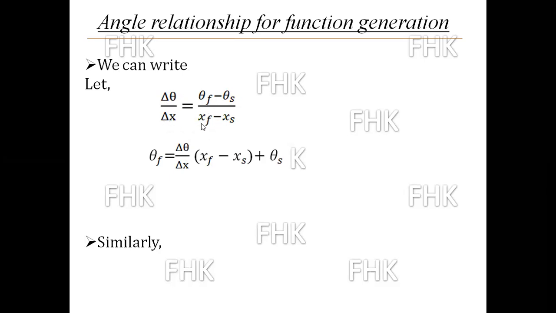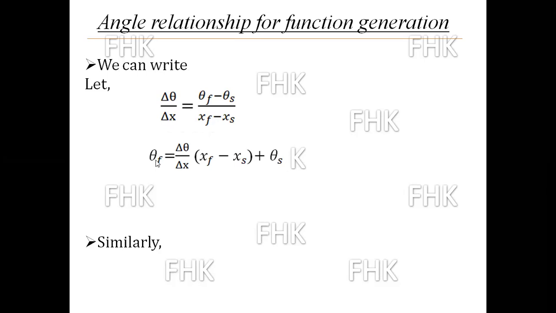I will move that term to the left side, so it will become multiplied to this term, and this minus theta s, when it moves to the left, will become plus theta s.